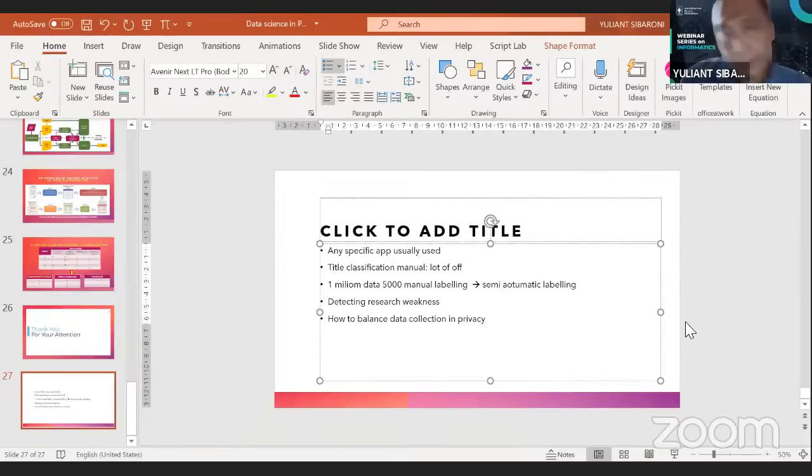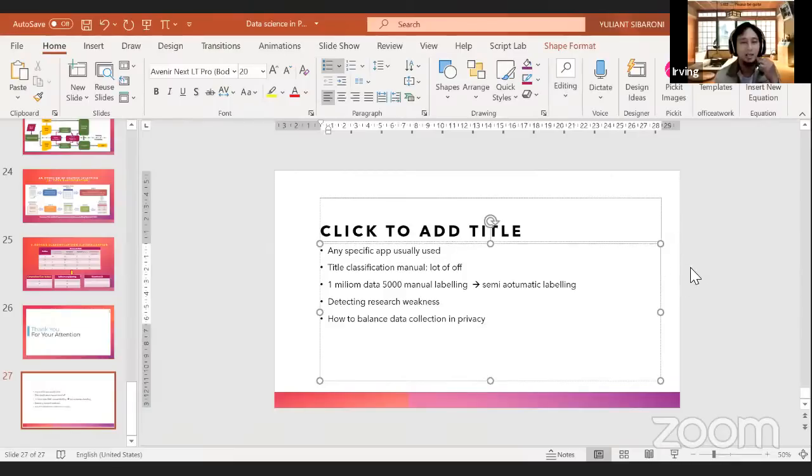Okay, about data privacy. Data collection and privacy.